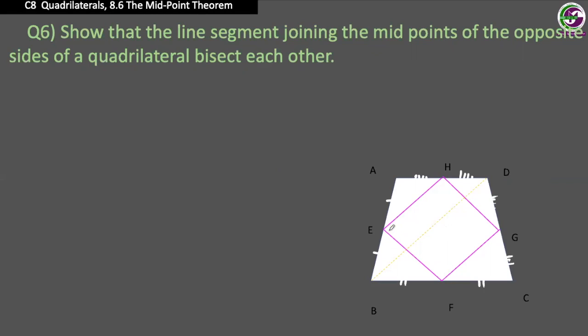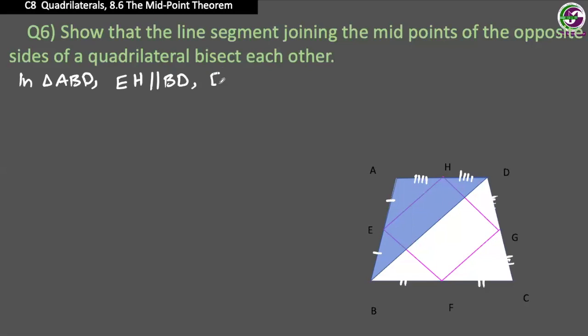For that, first of all, let us prove that EFGH is a parallelogram. For that, in triangle ABD, we know that E and H are the midpoints. So EH is parallel to BD and EH is half of BD by midpoint theorem.